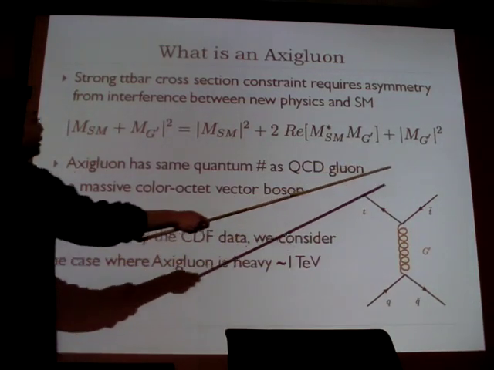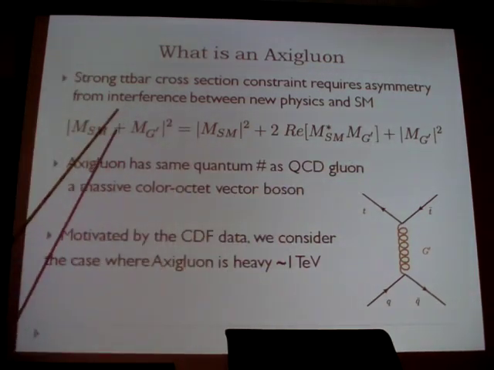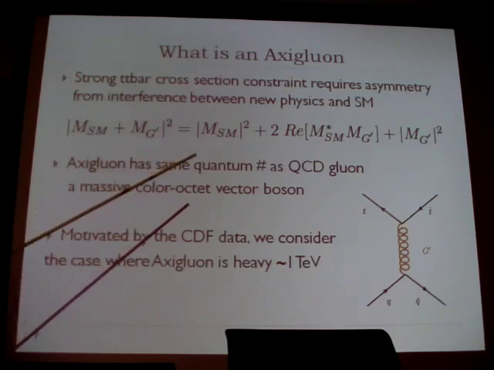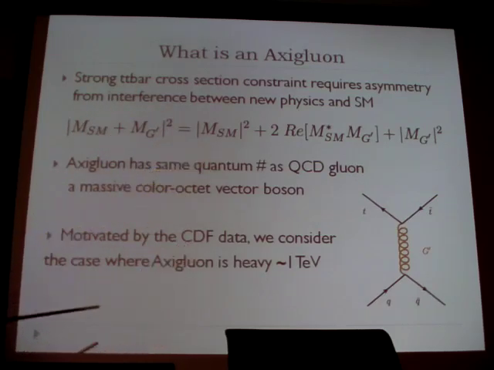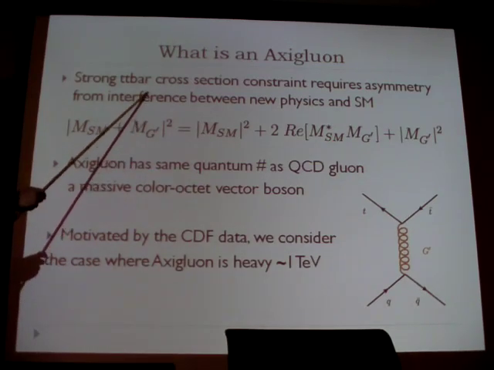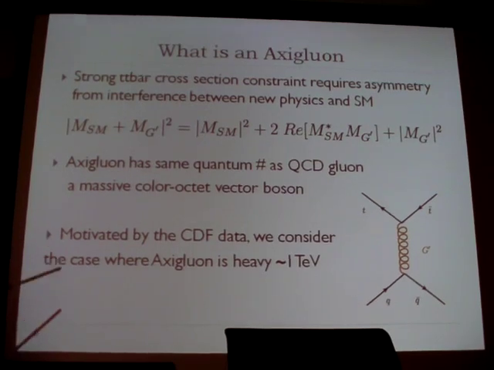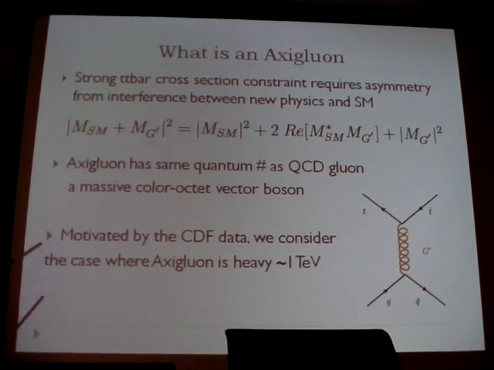But since the Axigluon contributes to p p-bar to t t-bar, it would contribute more to the t t-bar cross section. That would make the t t-bar cross section disagree with the experimental data.